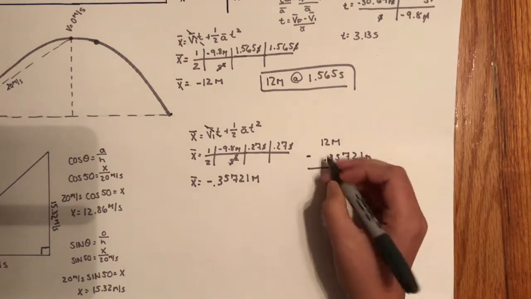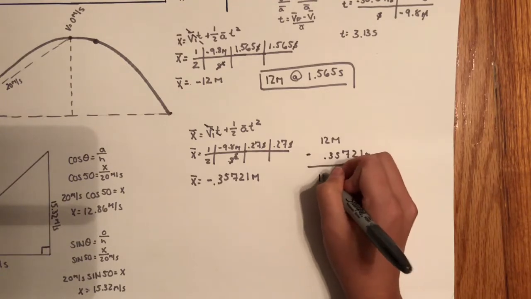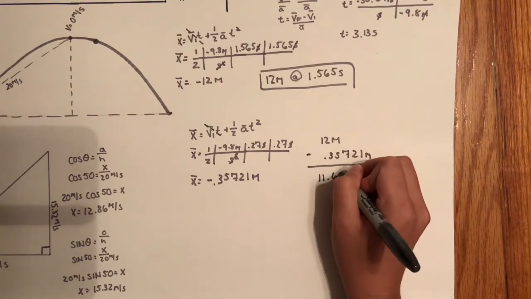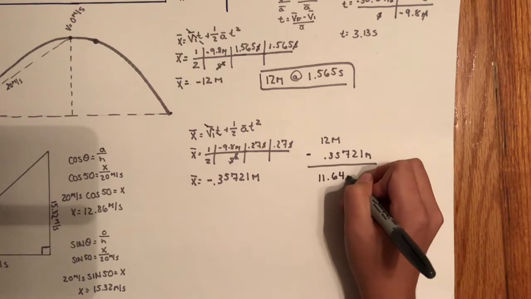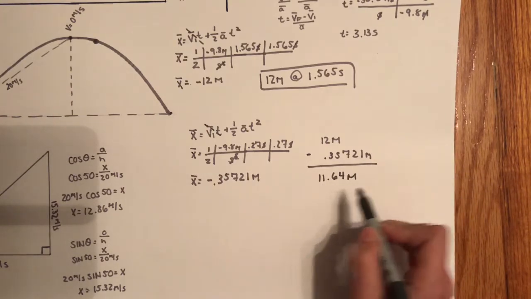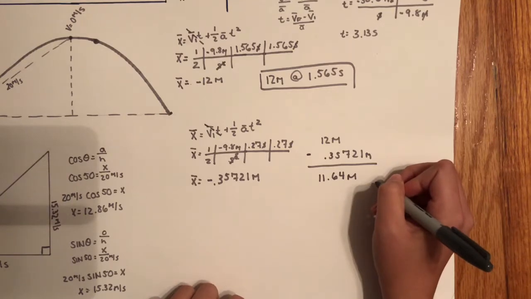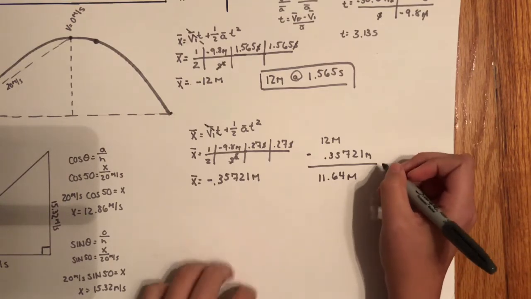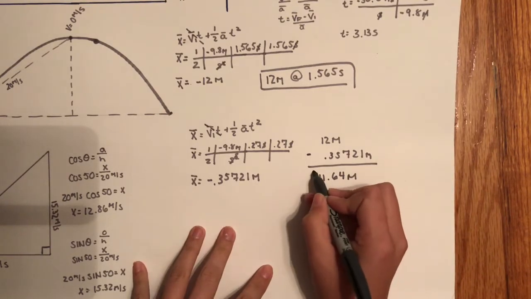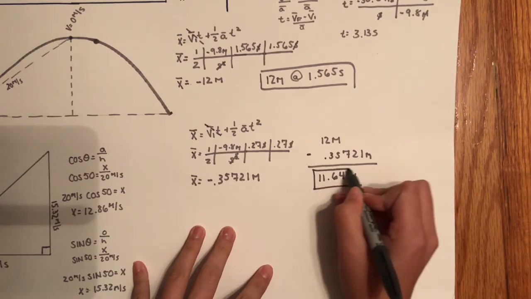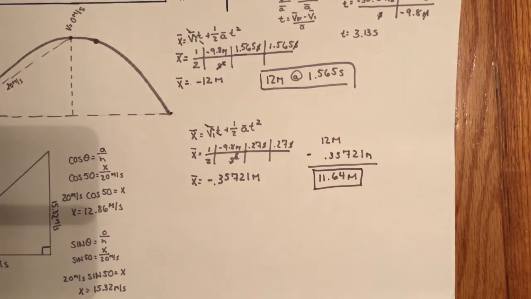So this subtraction leaves us with 11.64 meters. Now 11.64 meters is how high off the ground that our snowboarder is once he finishes his trick. That makes this the answer to the final part of our question.